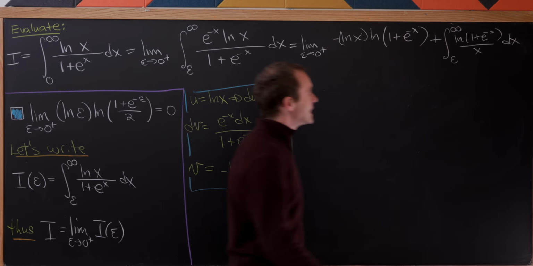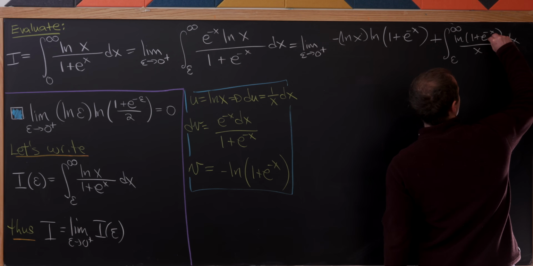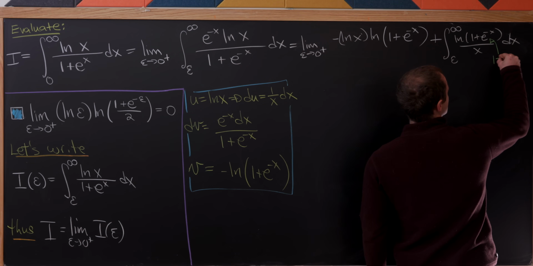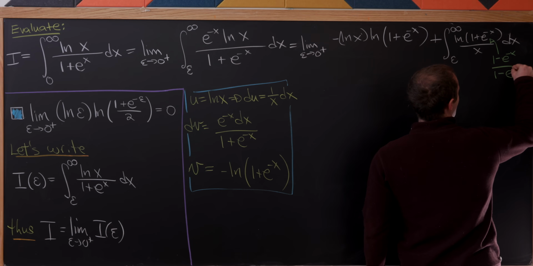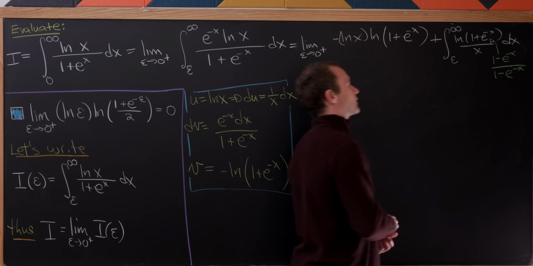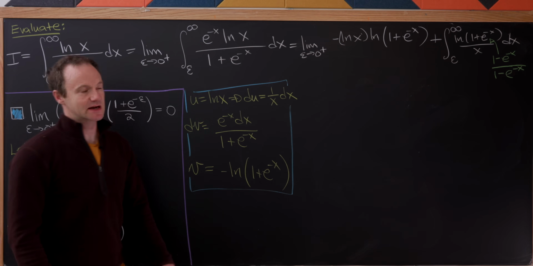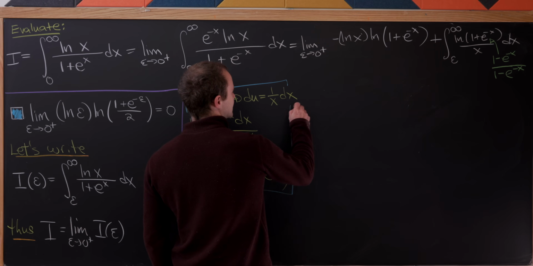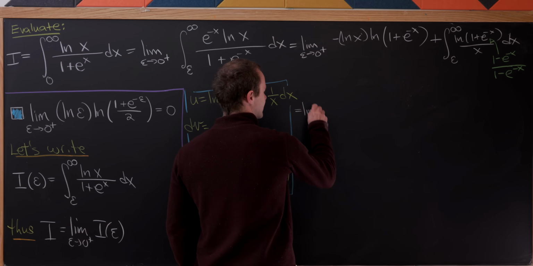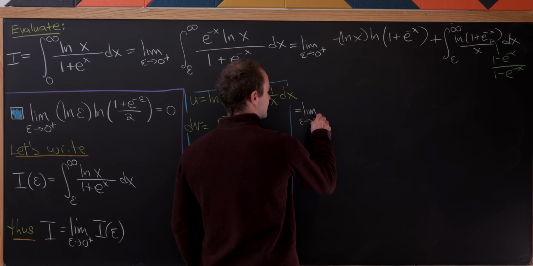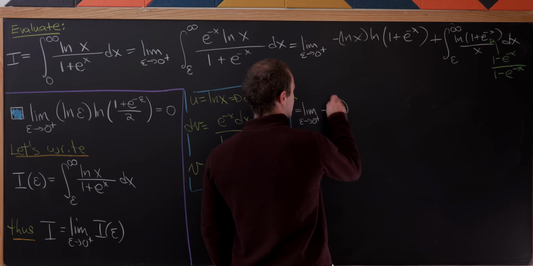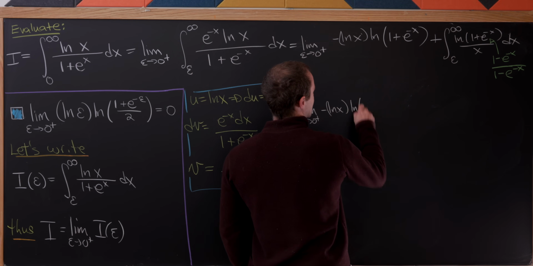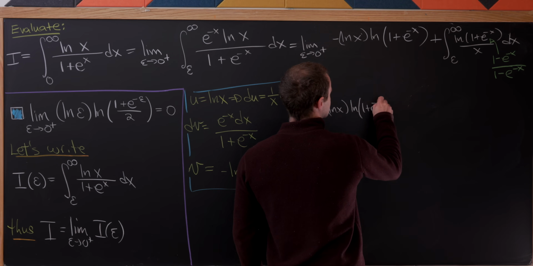And now from here, inside of this natural log, I'm going to multiply by a special version of 1. And that version of 1 will be 1 minus e to the minus x over 1 minus e to the minus x. And let's see where that'll leave us. So bringing all this down, we have the limit as epsilon goes to 0 from above. We have minus natural log of x times natural log of 1 plus e to the minus x.